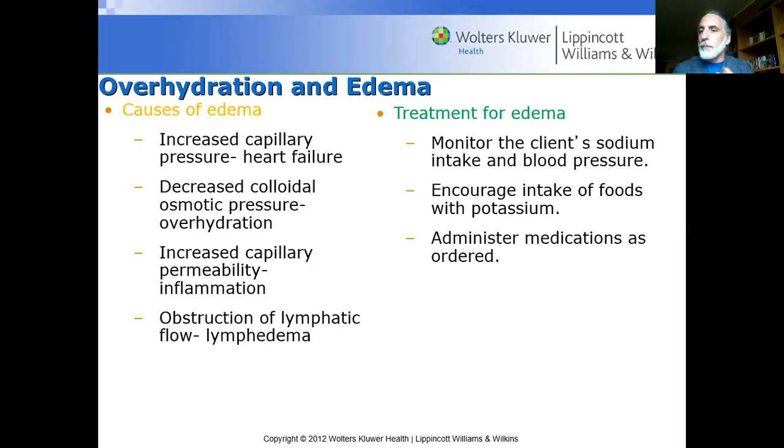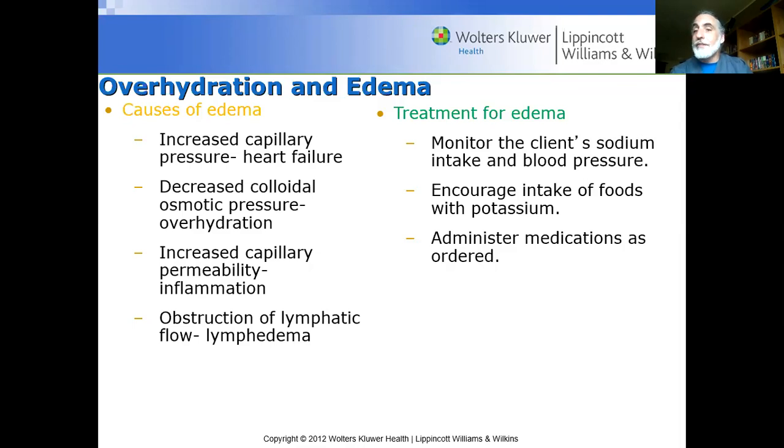In general, now if they're on a potassium-sparing diuretic, we may not want to do this. But this can decrease the amount of sodium that the body's retaining, and especially if they're on potassium-wasting diuretics. So we're giving diuretics to get the fluid off.